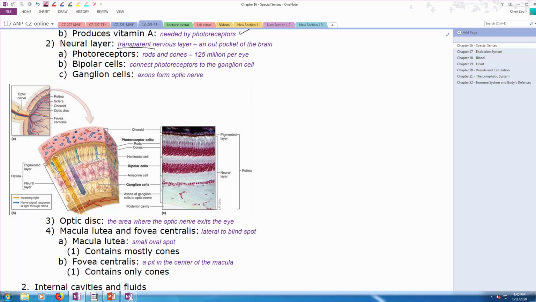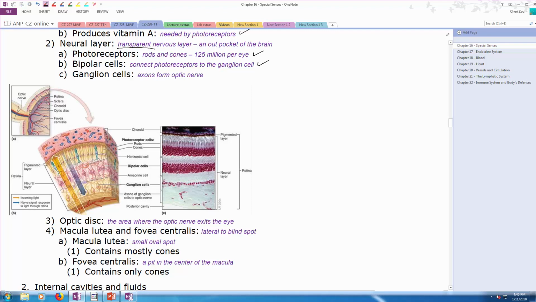What we have closest to the pigmented layer and the choroid are our photoreceptors. We have rods and cones as our two photoreceptors, and there are 125 million per eye, so 250 million total. The photoreceptors will then attach to bipolar cells, so bipolar neurons.